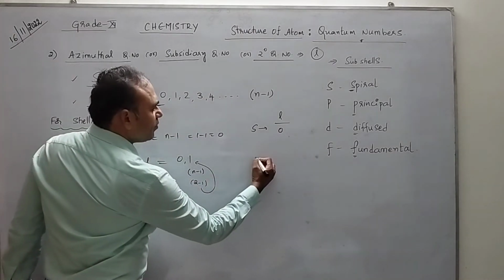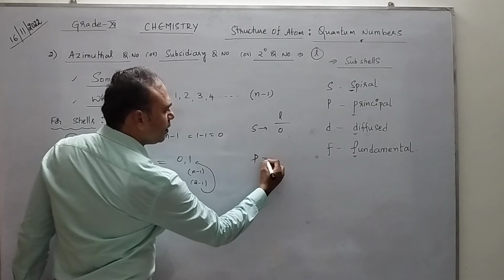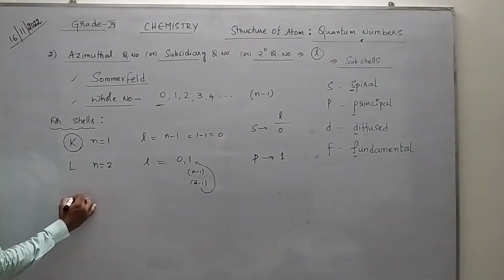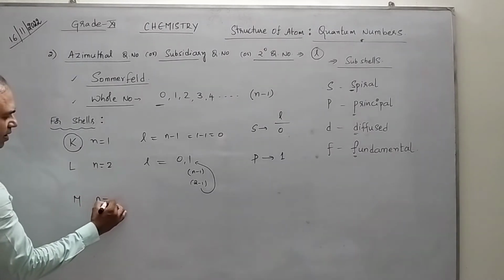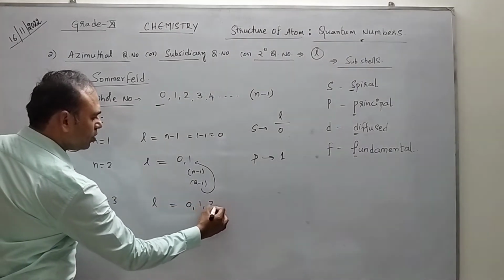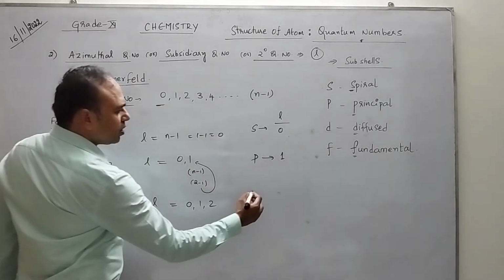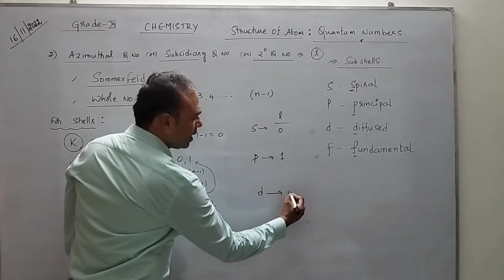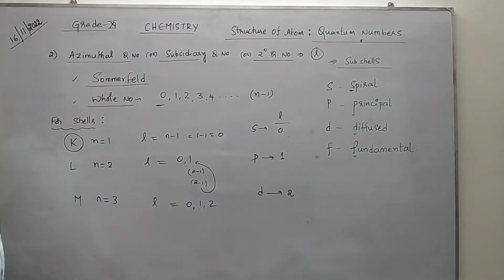So now if you take for P, the value of L is 1. Next, if you take M, where n is equal to 3, so what are the 3 values? 0, 1 and 2. Now if you are writing D orbital or D subshell, it will indicate the value is 2.